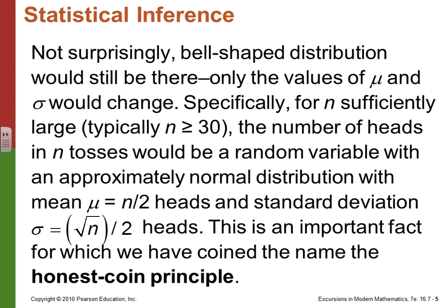For n sufficiently large, greater than 30, the number of heads in n tosses of an honest coin has mu equal to n divided by 2, and the standard deviation is the square root of n divided by 2. But as n gets bigger, the standard deviation relative to n gets smaller.